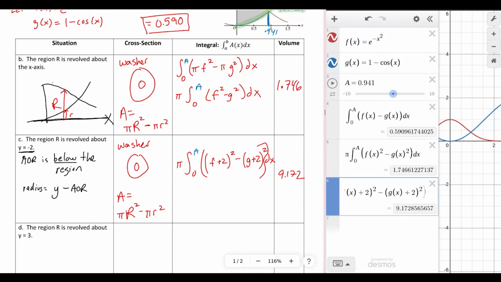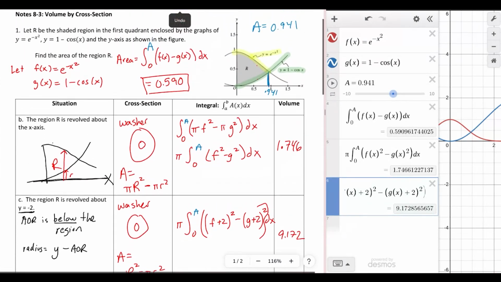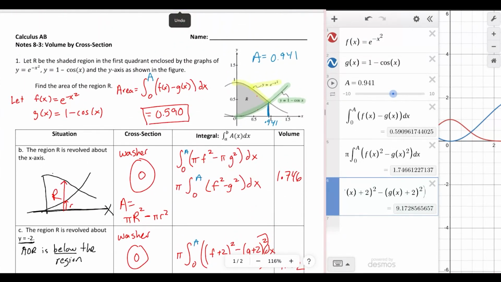Now, instead of revolving about an axis that's below the region, if we revolve about an axis that's above the region, let's go back up to this diagram. If the axis of revolution is somewhere up here, then the smaller radius is going to be based on the top function, and the bigger radius is going to be based on the bottom function.